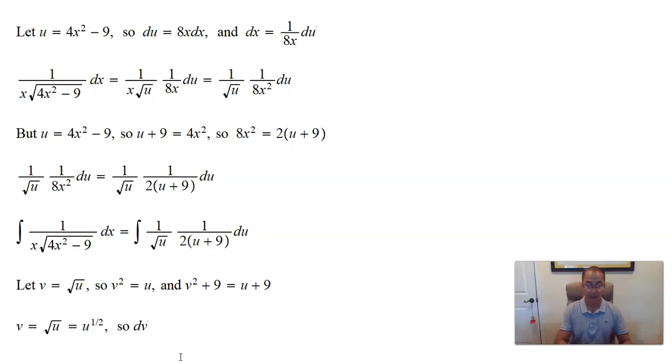So dv is 1/2 u to the minus 1/2 du. Oops, not dx, but du. So we need du.